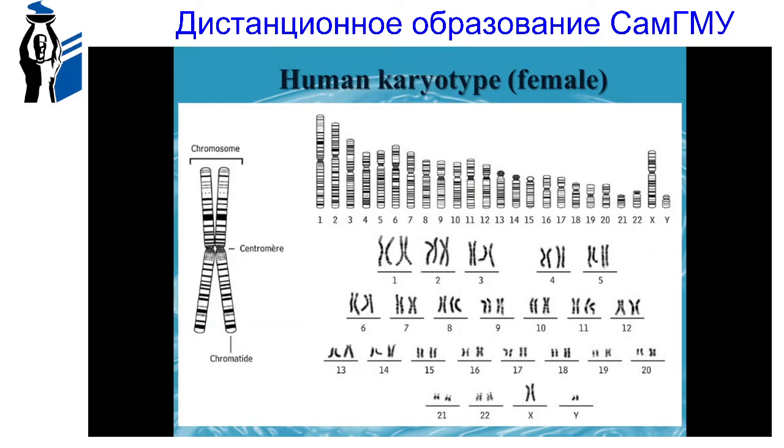In 1970, in Paris at the 4th International Congress on Human Genetics, a unified system for identification of human chromosomes was agreed, taking into account the differentiation of chromosomes by length.